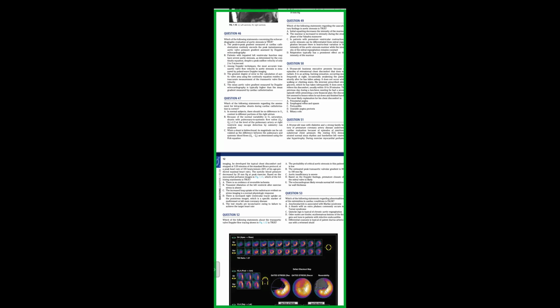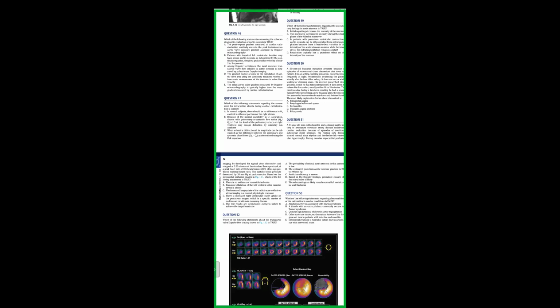The A option says, in normal subjects, there should be no difference in oxygen content in different portions of the atrium. So that is false. We know that when you're catheterizing, during right heart catheterization, the oxygen concentration in the superior vena cava is lower than the oxygen concentration in the inferior vena cava.